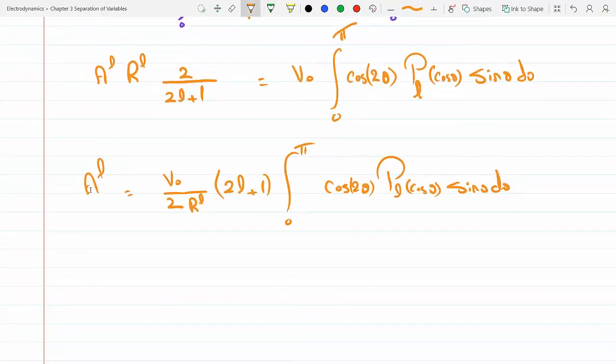We just don't know what L is, but I will come back to that. So L is an unknown at this point. Now this is one equation.